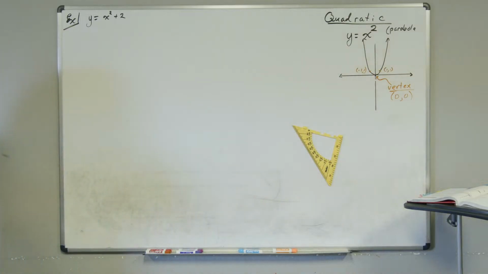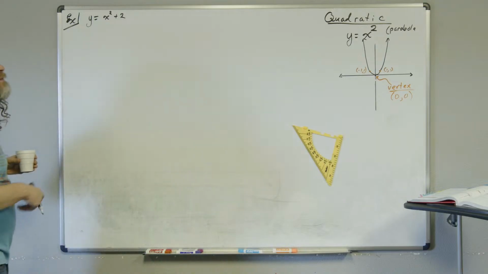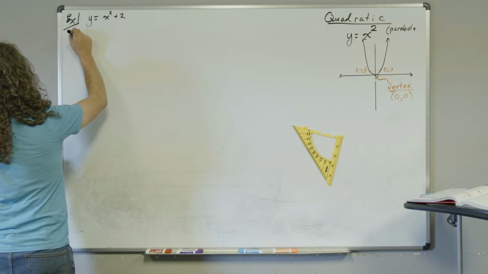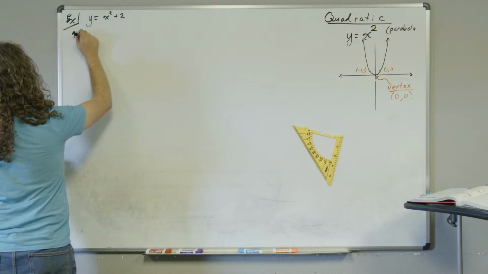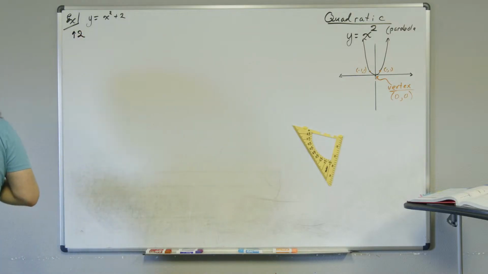Is it going to move, or is it going to stretch, or is it going to compress? Which one is it going to do? It what? Verticalizes by 2. It moves up 2. It moves up 2. Okay, so let's graph it.